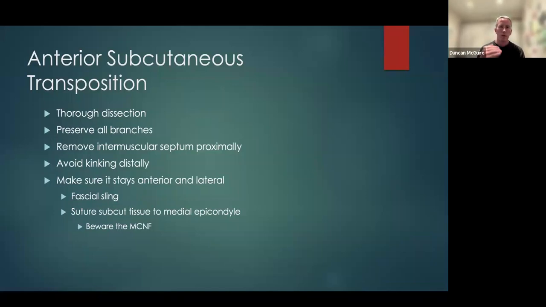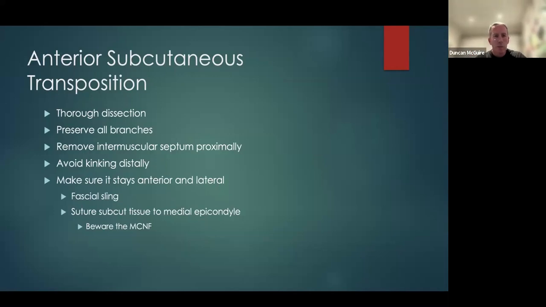So remember, you're bringing the nerve anterior, so don't cut those branches to the FCU. You can just release them a little bit into the muscle so it gives a bit more length and allows you to transpose it. If you don't release those branches going into the muscle, then often it tethers the nerve, and then you'd be tempted to actually cut the branch.